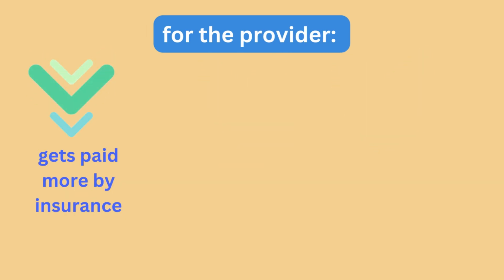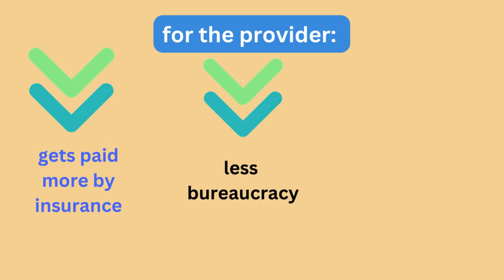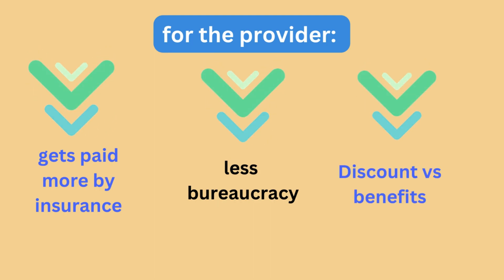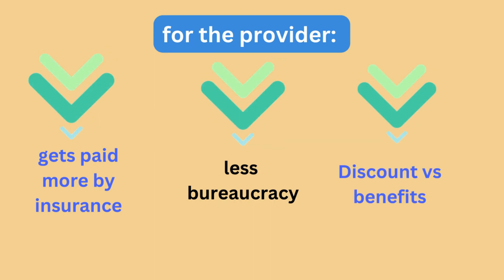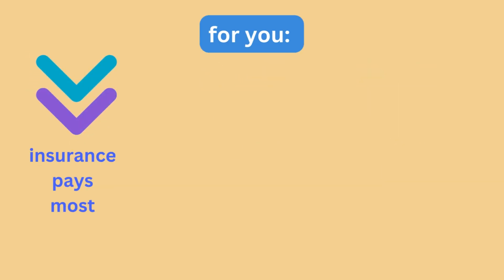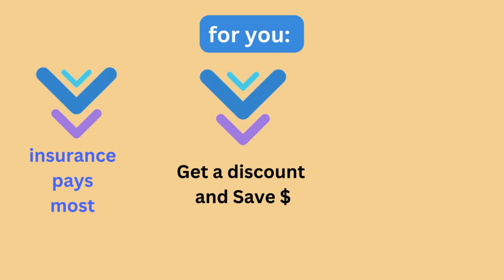The provider will get paid more by your insurance for less bureaucracy and giving you a discount in exchange for added benefit by the insurance. And for you, it means that because your insurance will pay the most, you get a discount that saves you the most.